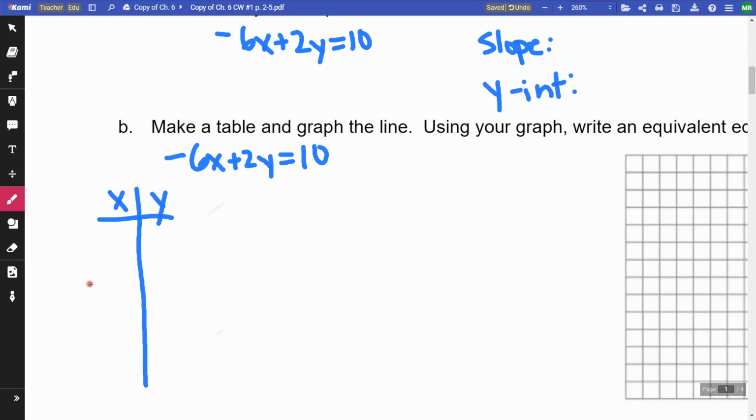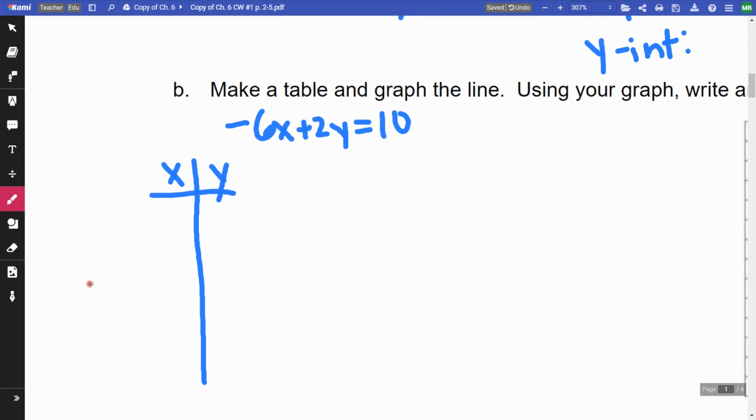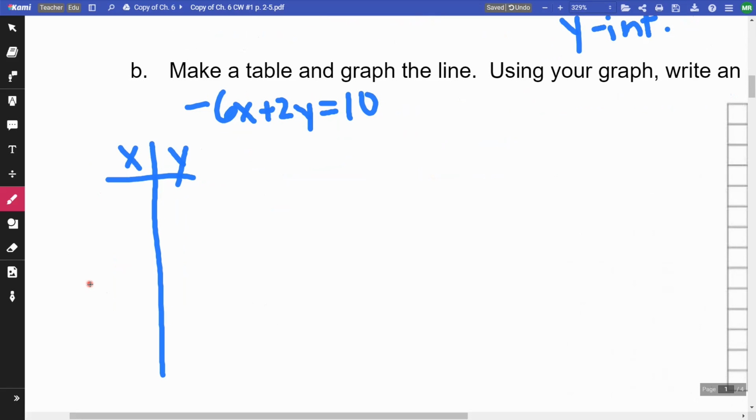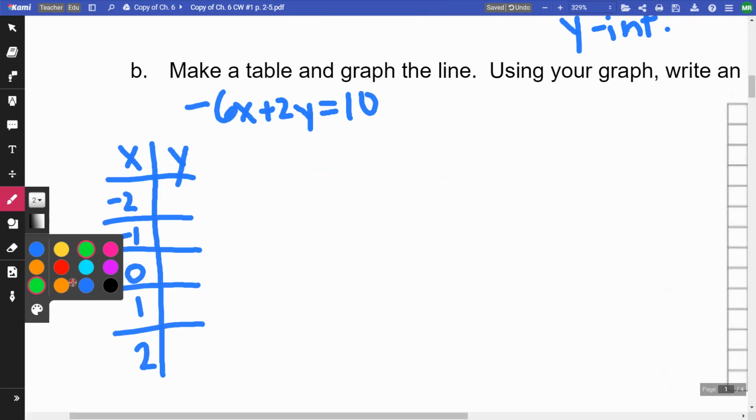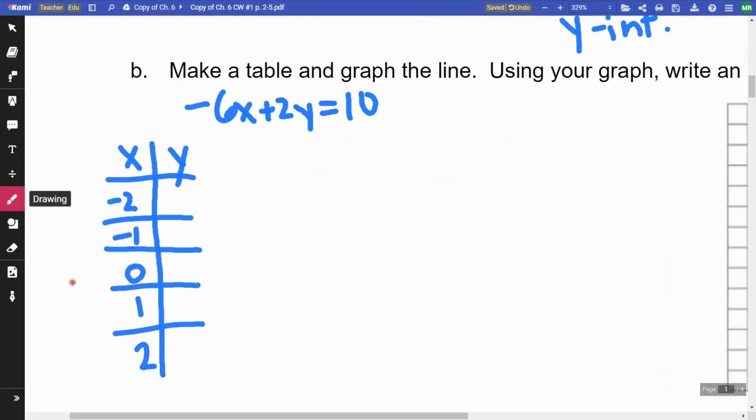So what I'm going to do is I am going to do -2, -1, 0, 1, and 2. Okay, so I've got my negative values, I have some positives, and I have 0. So we are going to substitute these into the equation, putting them in place of that x.